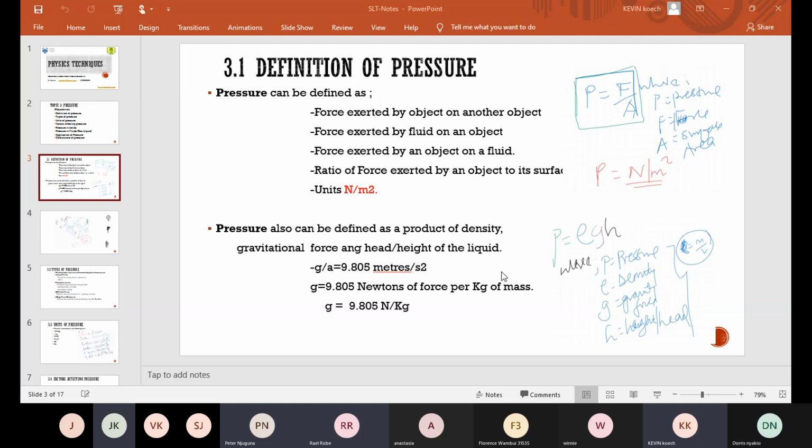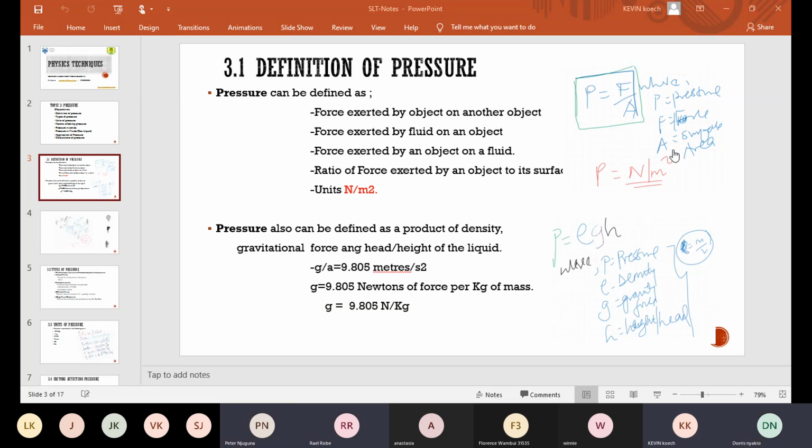Kindly mute your mic. Yes, Peter Njuguna, you are raising your hand. I was to define pressure, but you already did. Oh, I was fast.